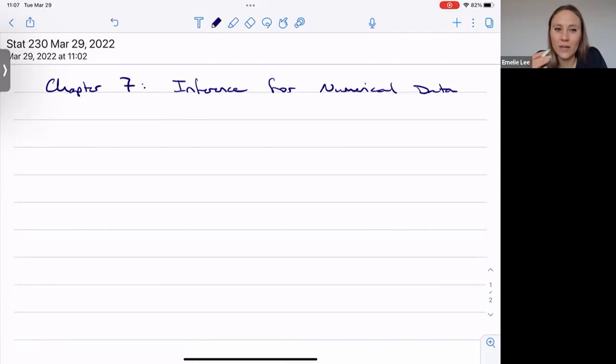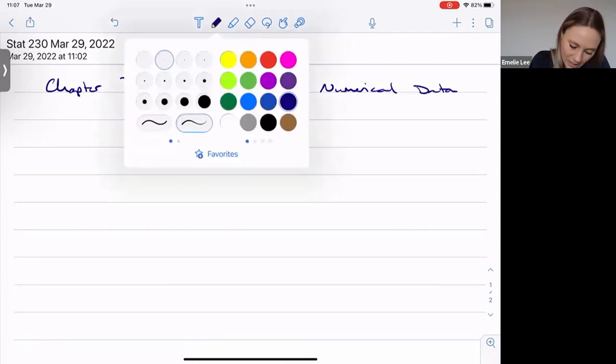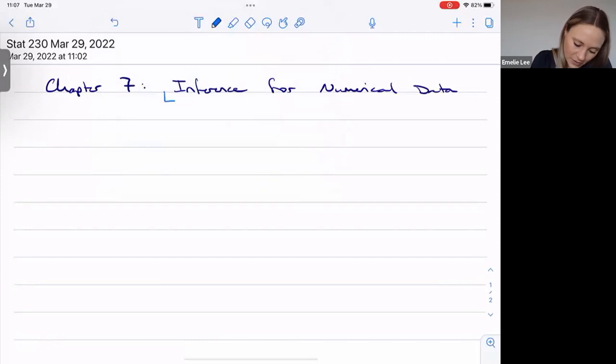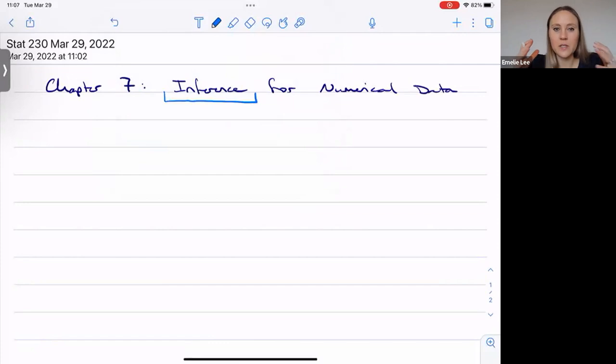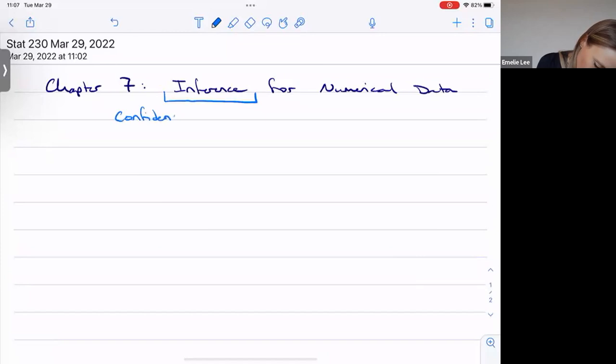And so I want to kind of pick it apart so that it makes a little bit more sense to you, right? So inference is this umbrella term for confidence intervals and hypothesis testing. Okay, so inference is confidence intervals and hypothesis testing.